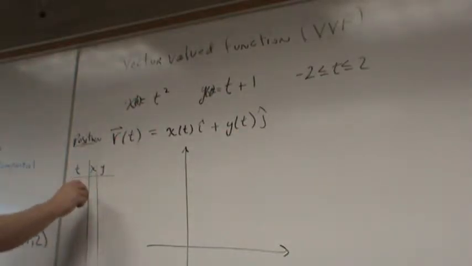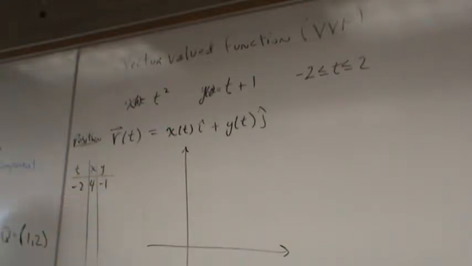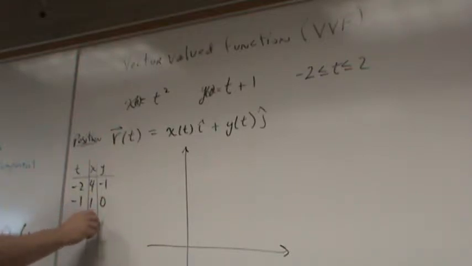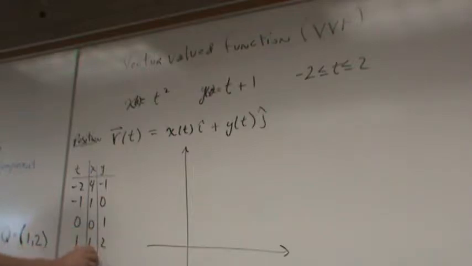When t is -2, I get an x of 4, and I get a y of -1. When t is -1, 1, and 0. When t is 0, 0, 1. When t is 1, 1, 2, that's 3, and then 4.